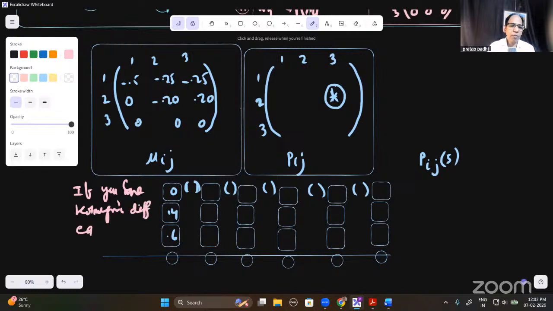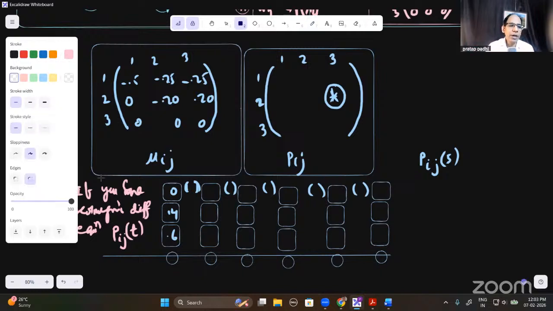Differential equations, forward or backward, whatever, you will get Pij of T. You don't need to find Pij for 1, then put T as 1, get that 1 time period Markov chain matrix, and again find P5. That's not required because the Kolmogorov equation gives you Pij directly.